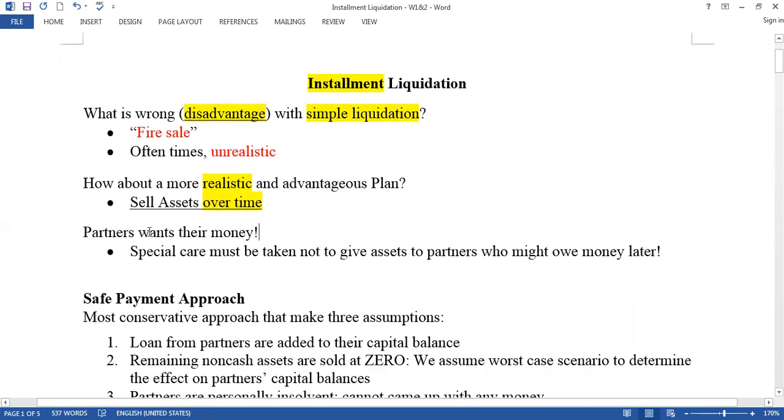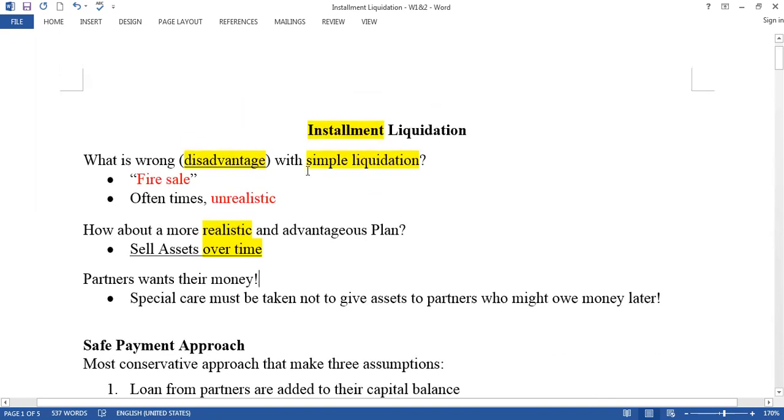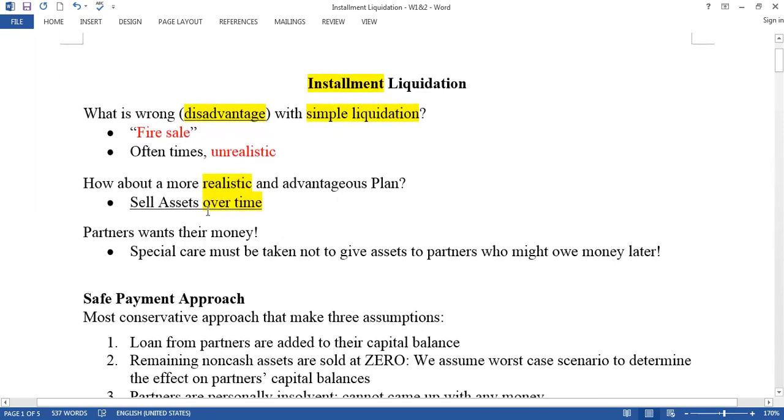Now partners want their money back. In the installment method, you should understand that the business is not selling assets today or all quickly, but selling over time. So whenever the business sells an asset, the partners should receive their money.